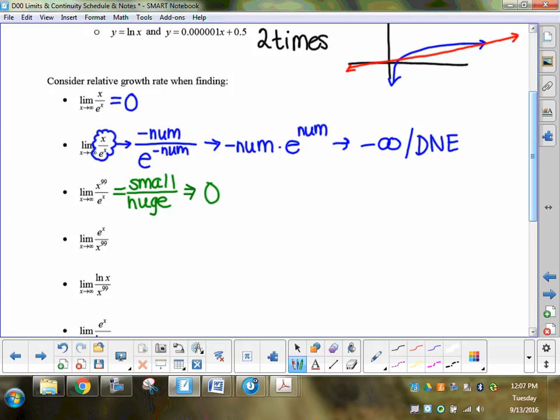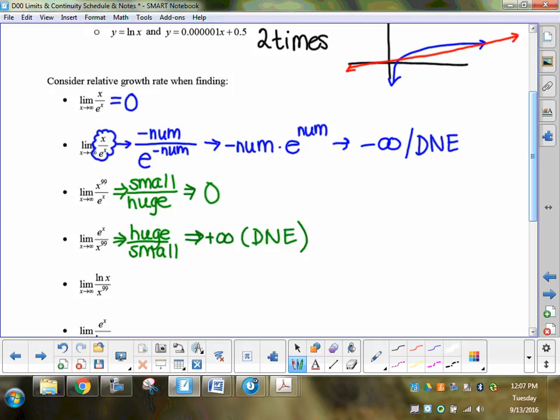Hands up, please, if you can tell me what you'd give as an answer to that fourth one. Why? Which side's growing faster? Maybe I'll do not equals but arrows. Which means it's going to go to positive infinity or does not exist.